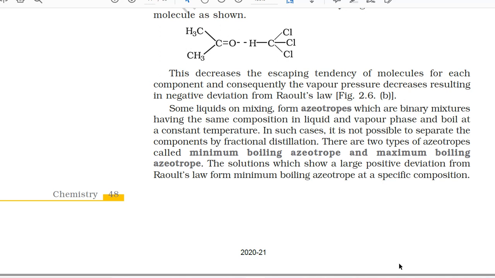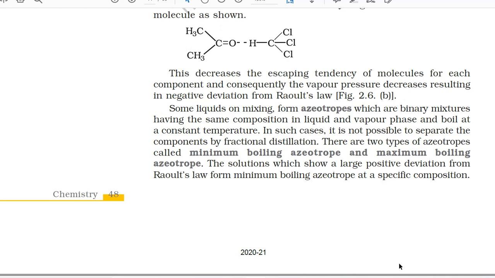Some liquids on mixing form azeotropes, which are binary mixtures having the same composition in liquid and vapor phase and boil at a constant temperature. In such cases, it is not possible to separate the components by fractional distillation. There are two types of azeotropes called minimum boiling azeotrope and maximum boiling azeotrope.